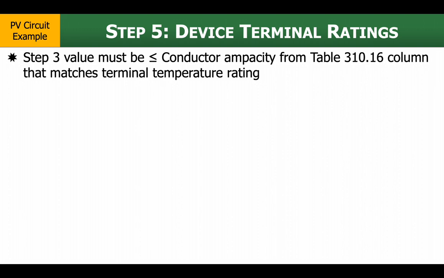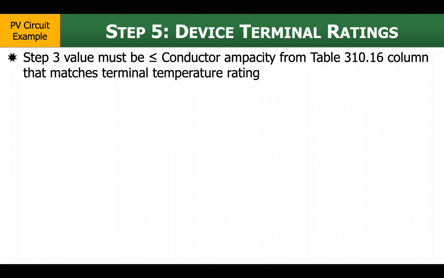We're going to take that same value that we just calculated. We already know what it is. And we're going to say that that's got to be less than or equal to that same conductor's ampacity from the column in Table 310.16 that matches the terminal temperature rating.